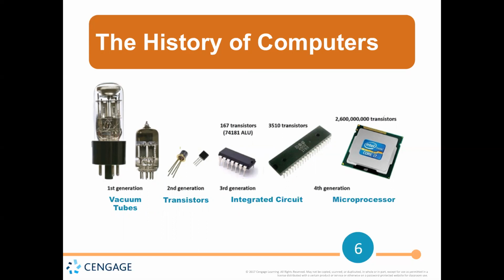So think of it this way: that microprocessor at the end, which is probably 1 inch by 1 inch, maybe slightly larger than a postage stamp, was the equivalent of 2,600,000 vacuum tubes. So you can see one of the big implications here is that as we've moved from vacuum tubes over time to microprocessors, things have gotten a lot smaller.